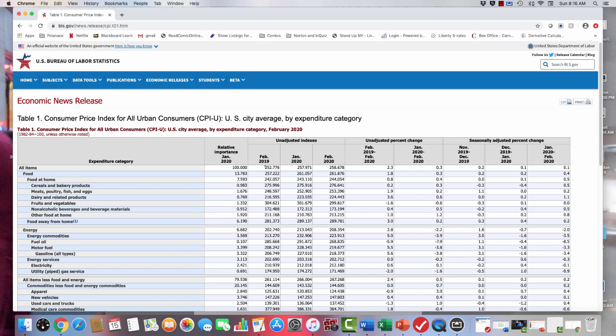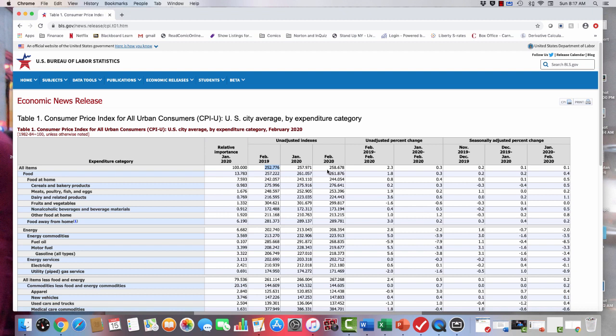We also have the opportunity to compare this from where we were last year at this time. So in February, at the end of February in 2019, the index was 252 and change, and now it's 258 and change. So we can tell what's happened in terms of the inflation. We know that prices have gone up, but one of the other things we want to know is how quickly they have gone up. What's the rate of change?